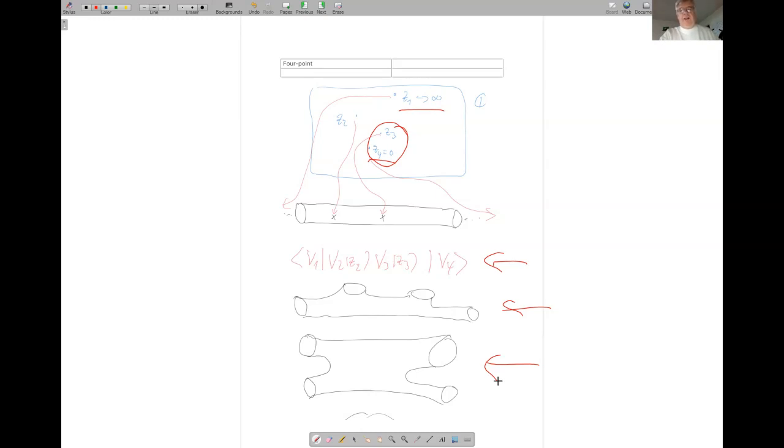To answer the question, how can I tell what is in a process an ingoing and what is an outgoing state? This is specified by the momentum k. Now, all these vertex operators will contain a normal ordered exponential e^{i k1, k2, k3, k4 · X}. And depending on how I choose these momenta, I can evaluate such an amplitude for certain states being ingoing states, initial states, and others being final states.